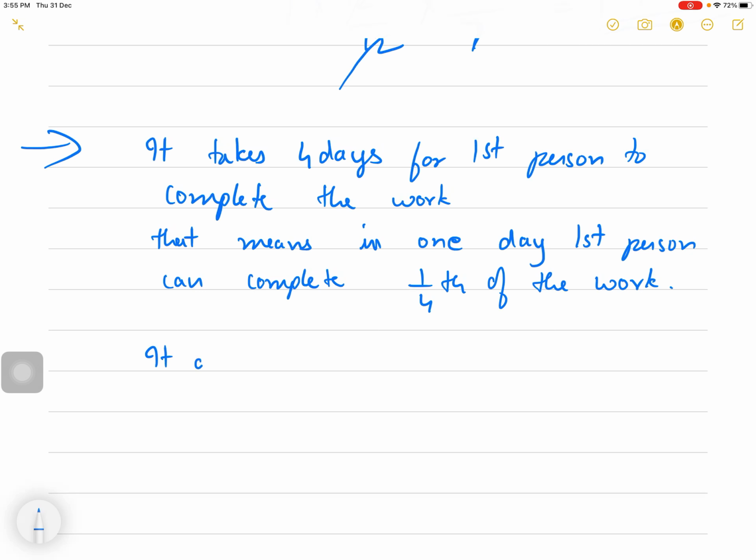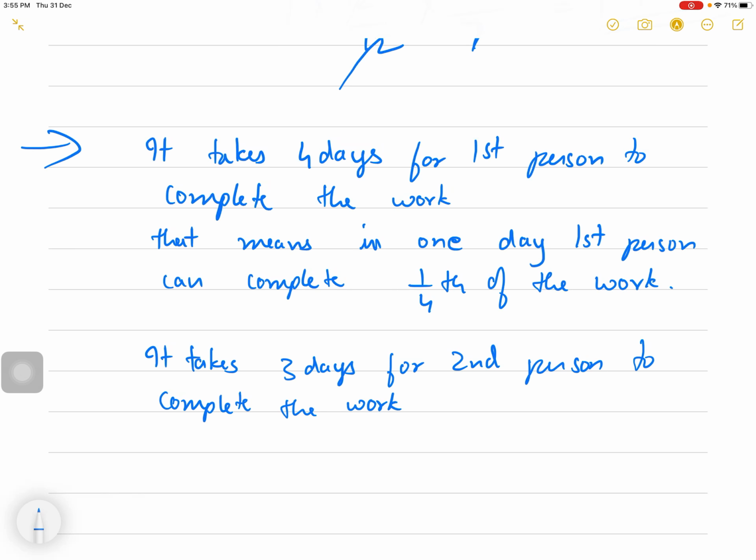Now similarly, it takes 3 days for second person to complete the work.